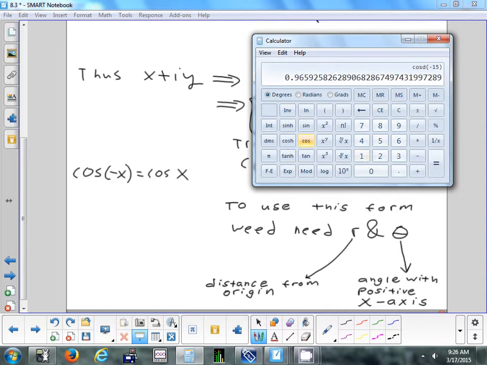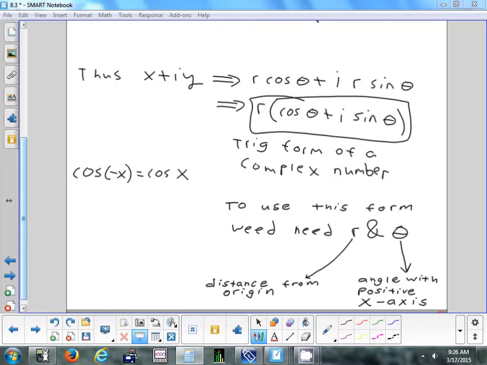It's the same thing. So when you have a negative on your angle with cosine, it can just go away. With sine, the negative doesn't go away, but does anybody remember where we can put it? We can take it away from the angle and put it somewhere else.